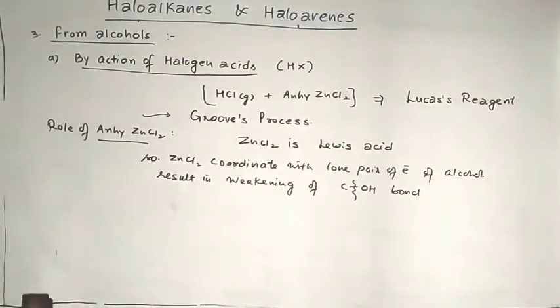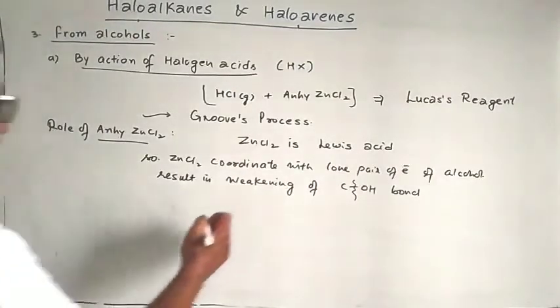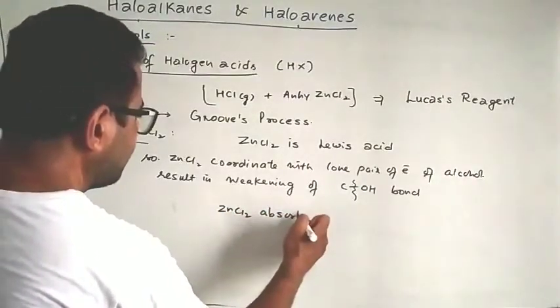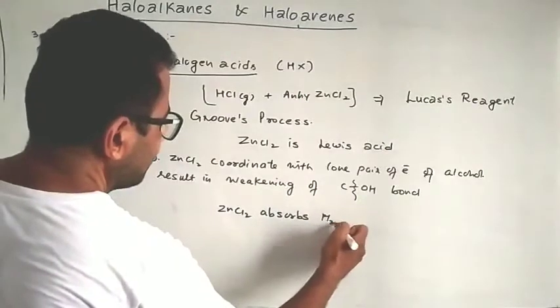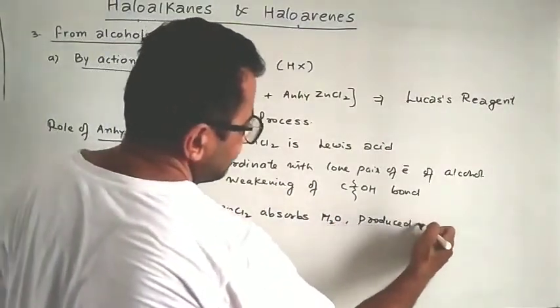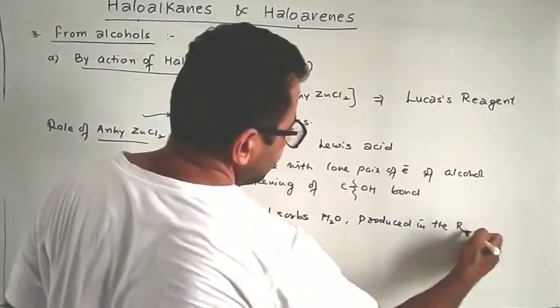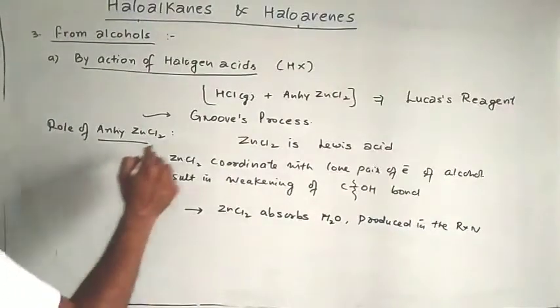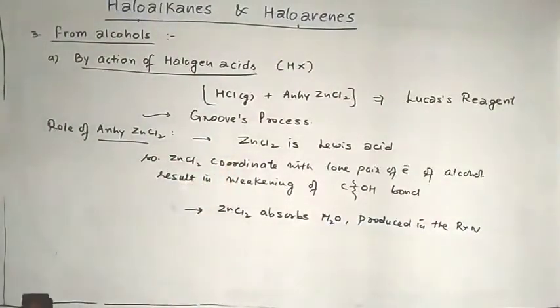Side by side you can say zinc chloride absorbs water which is produced in the reaction. So you can say it has two roles because it is hygroscopic. One is it coordinates with oxygen because it's a Lewis acid, which makes easy the cleavage of C-OH bond. And second is it absorbs moisture which is formed during the reaction.